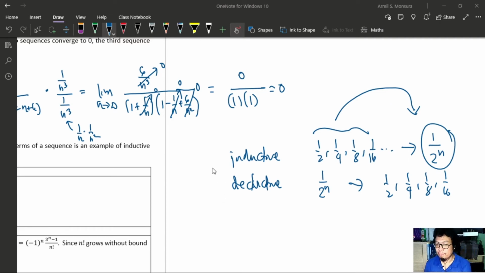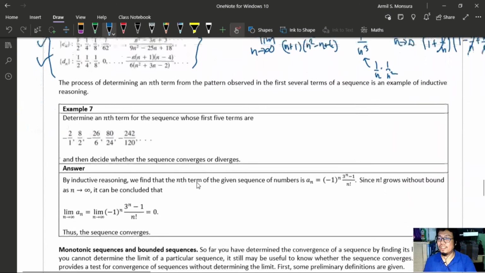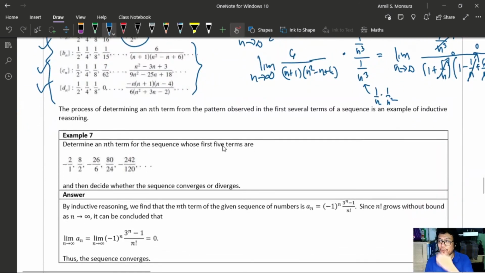Conversely, if you're using the general pattern or the general concept, and you're asked to generate examples out of that general concept, you're using deduction. So here, let us try to determine the nth term for the sequence whose first 5 terms are this.